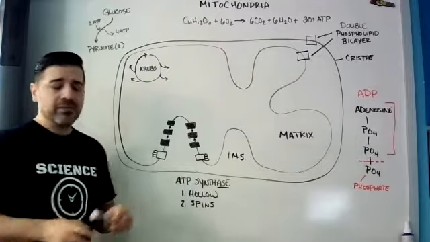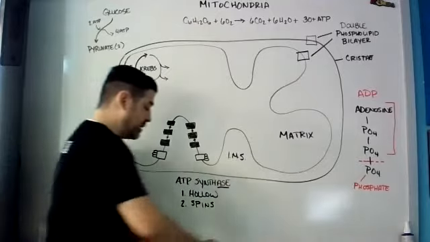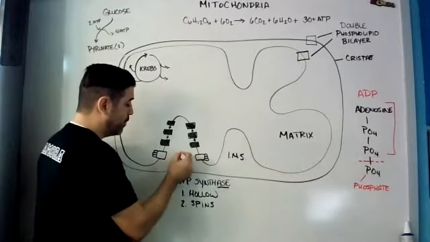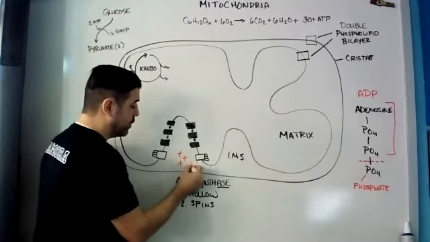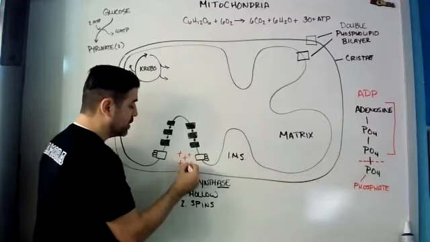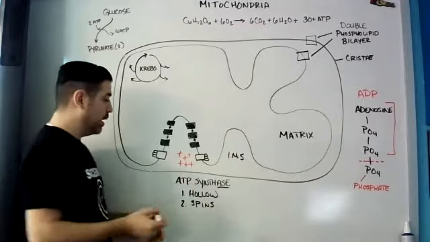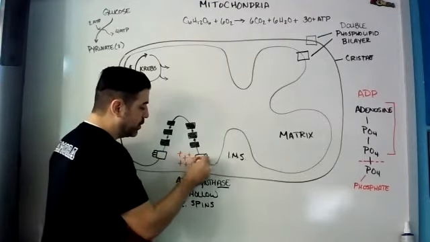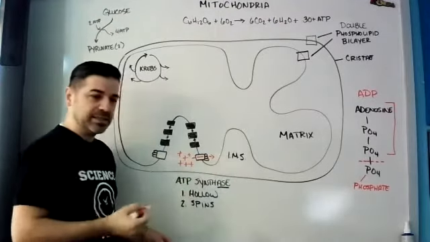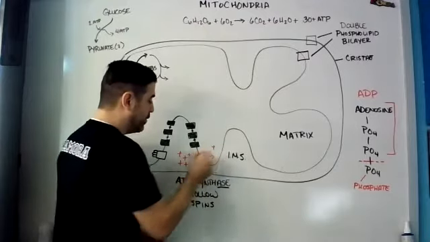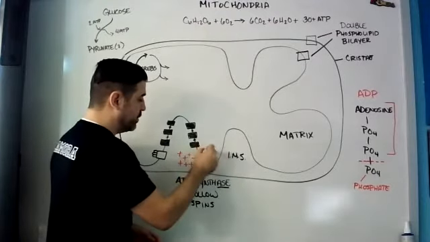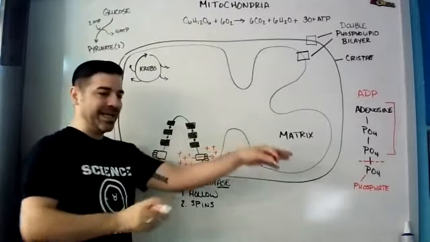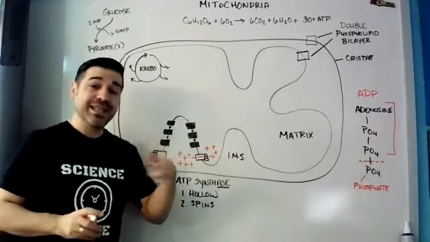But one of the benefits of ATP synthase being hollow is that if protons, here's some protons, and we know protons are positively charged, so I'm going to use little pluses to represent protons. If protons pass through ATP synthase from the IMS to the matrix, it's going to make ATP synthase spin.